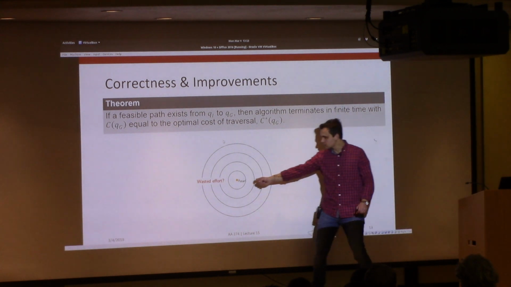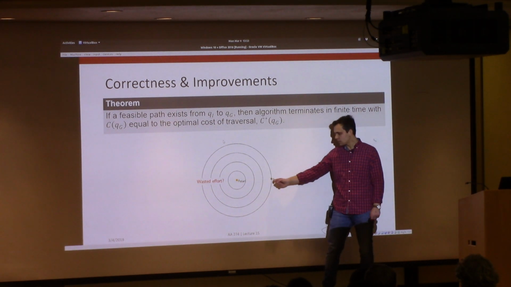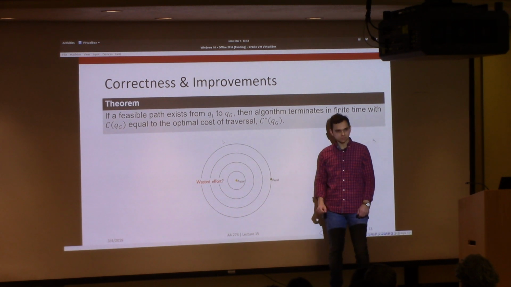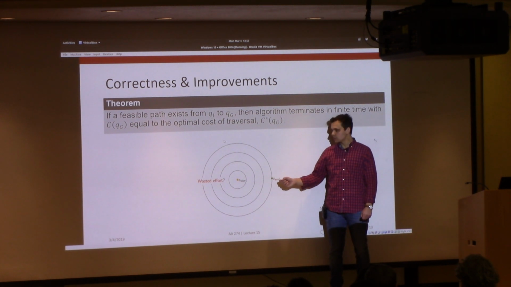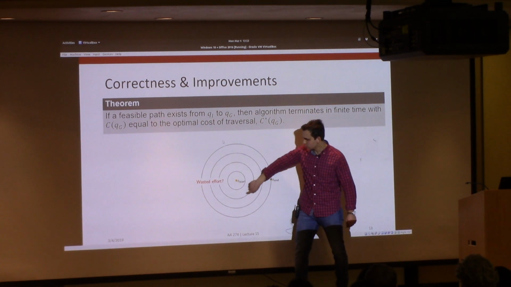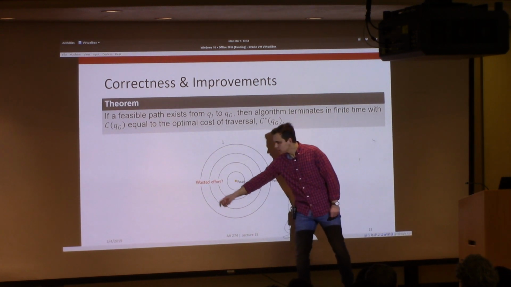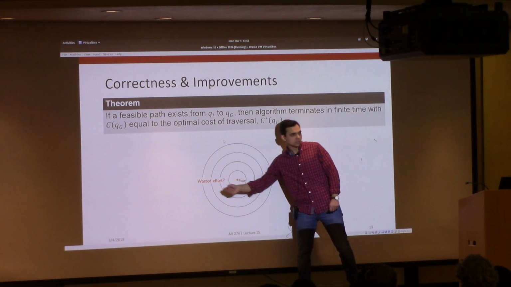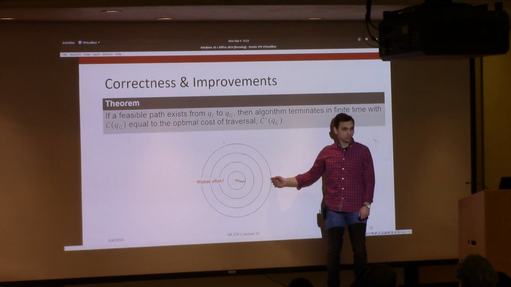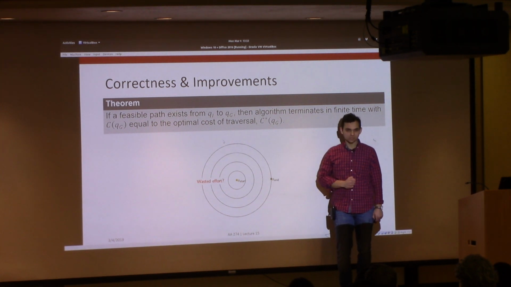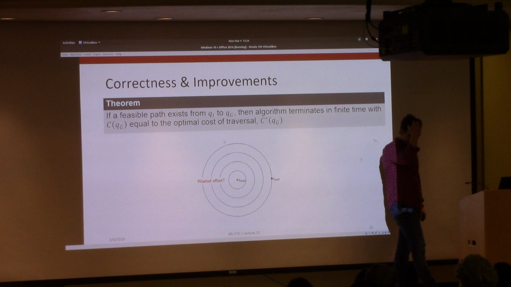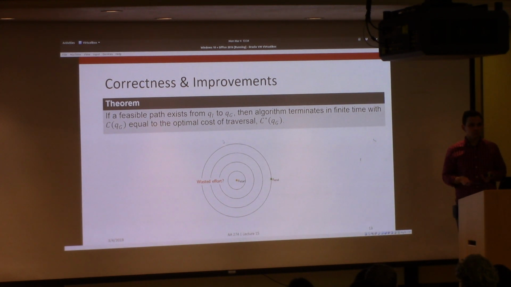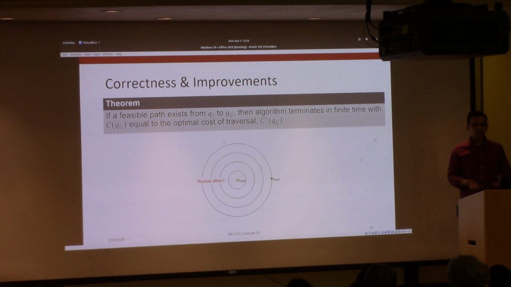So even if we start here, and our target vertex is here, those algorithms will eventually uncover all the vertices in this neighborhood, even though all those vertices are farther away from the target vertex. Okay? And this just follows from the way that we extract vertices from the priority queue.